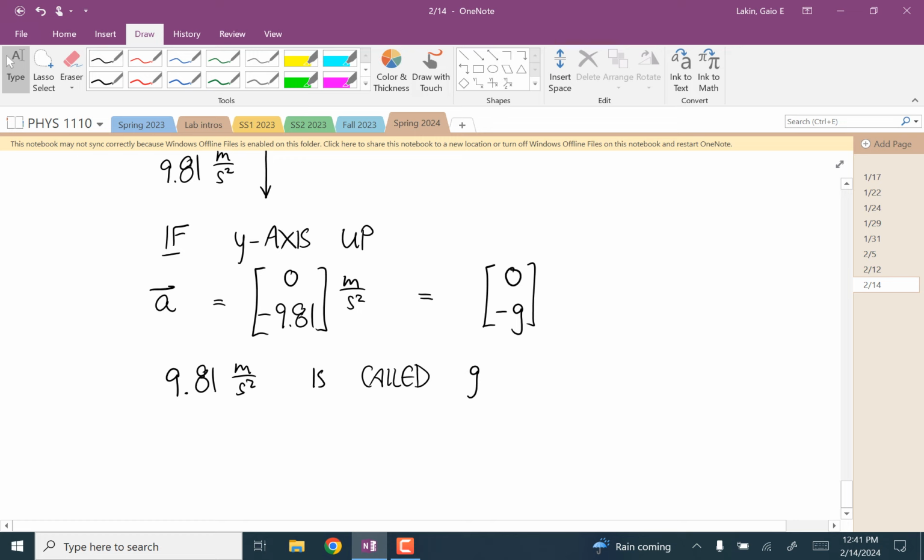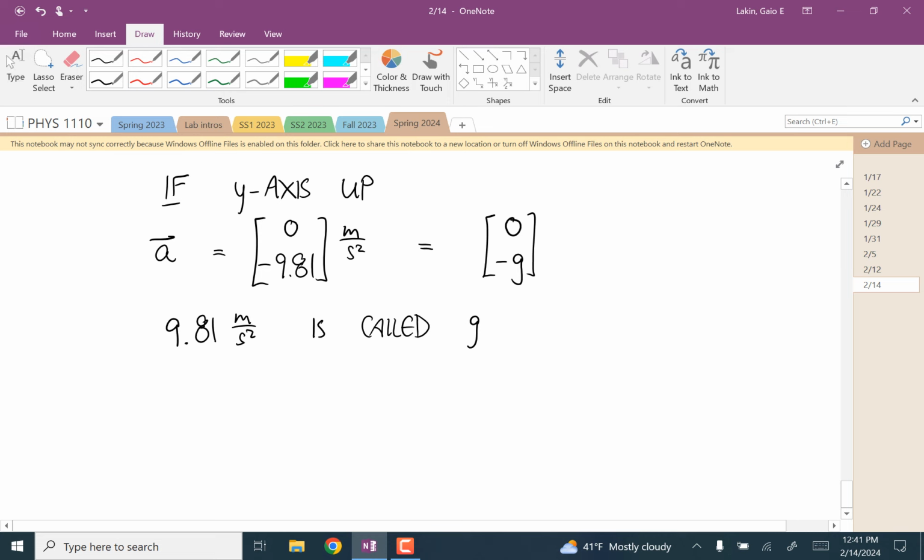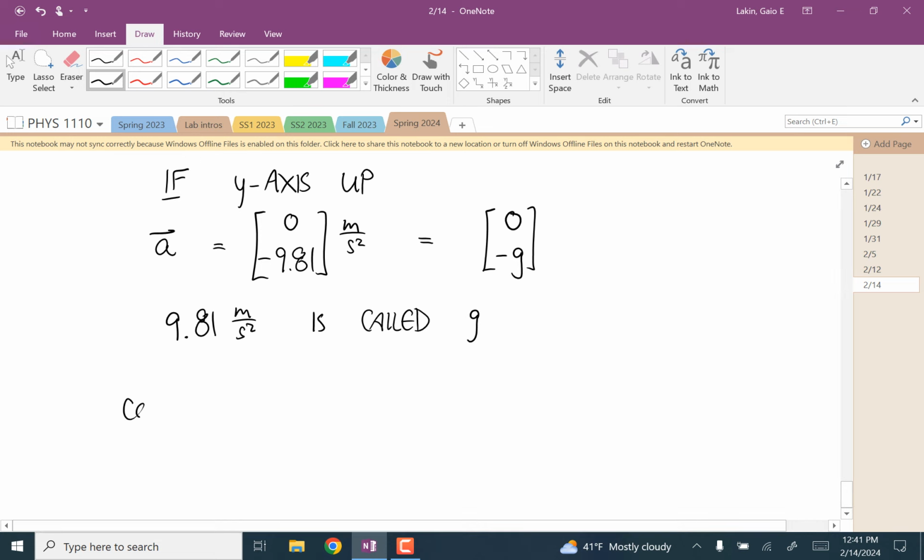Any questions about acceleration? Okay, so now what we're going to do is I'm going to introduce the constant acceleration equations in 2D. And we're going to solve problems in 2D very similarly to how we did it in 1D. So now we're getting into the constant acceleration equations in 2 dimensions.